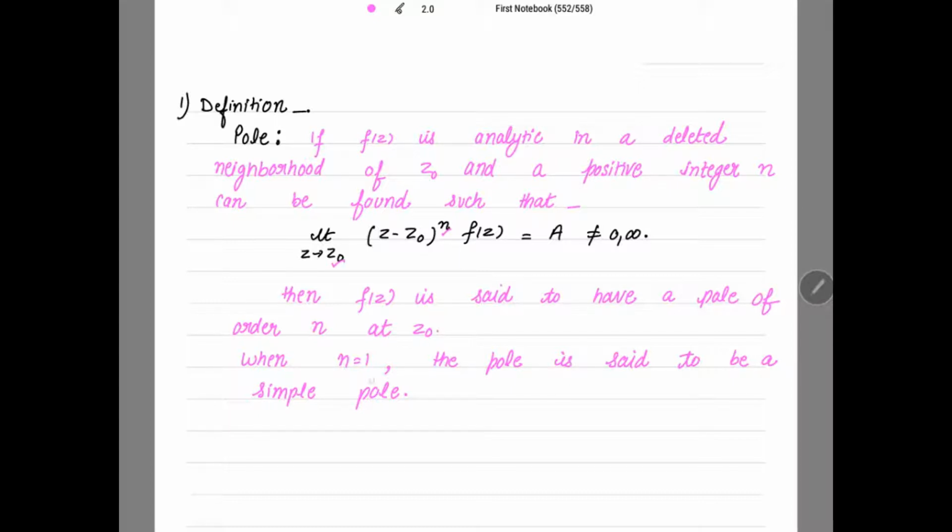Now when you put n equal to 1, we say the pole is said to be a simple pole, right? Next.